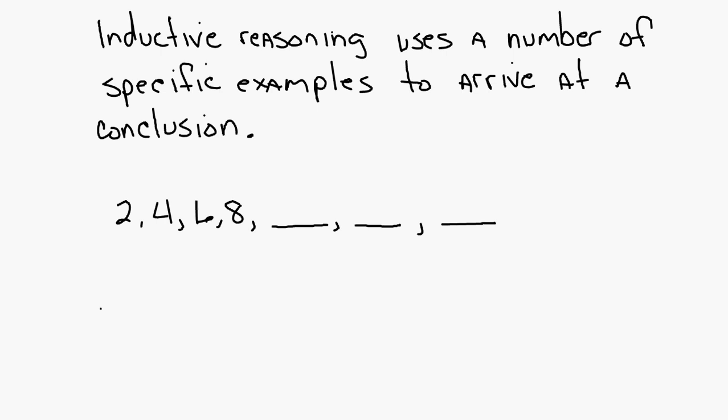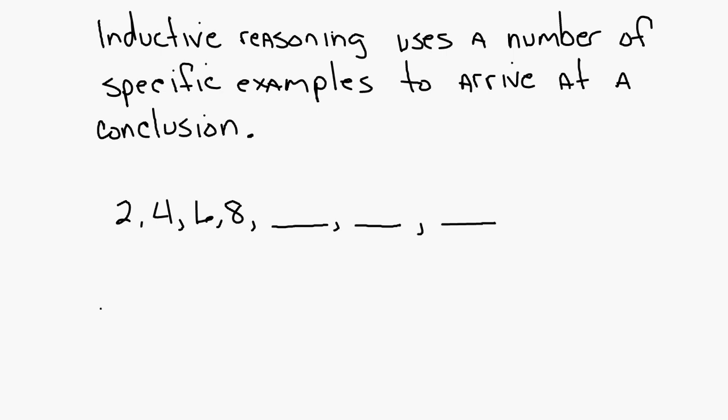What they're saying is to look at the pattern, and in this case, these are specific examples. The numbers are 2, 4, 6, and 8. Making a conjecture is describing the next 3 terms in the sequence.